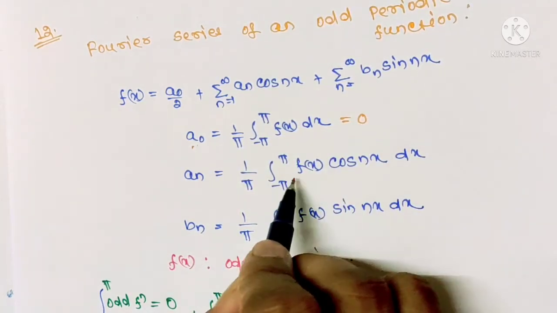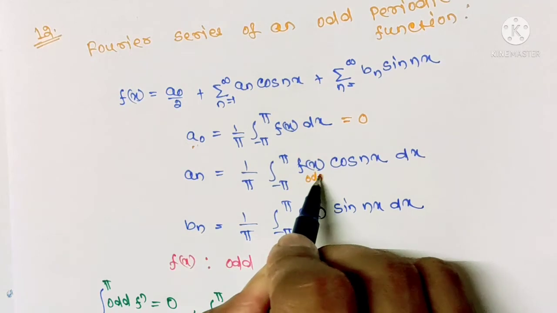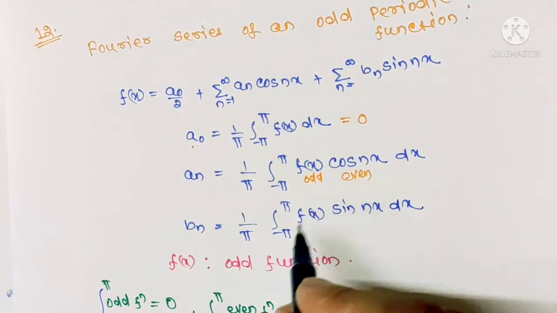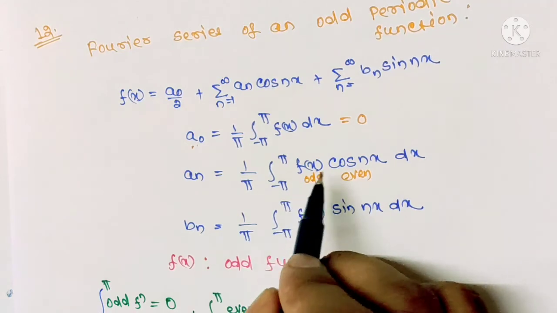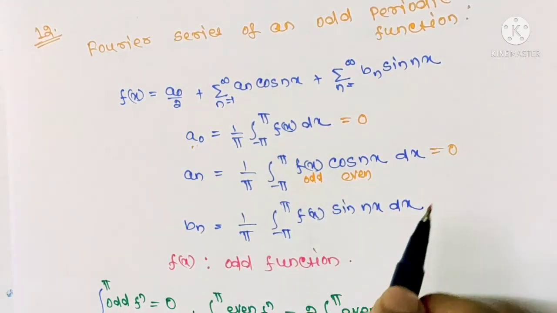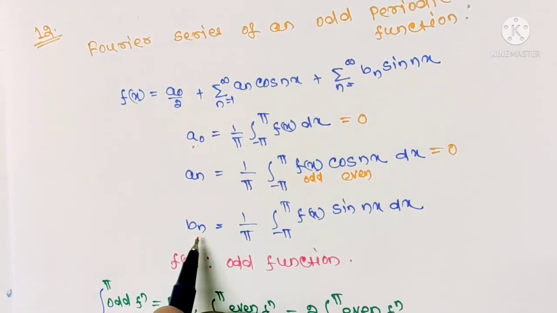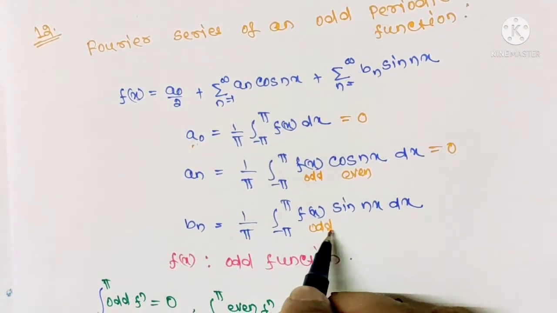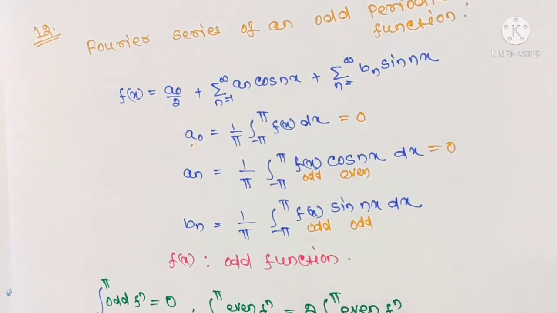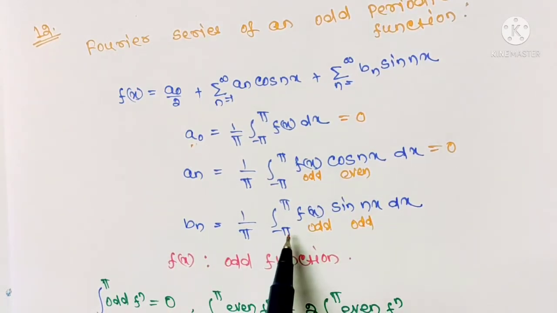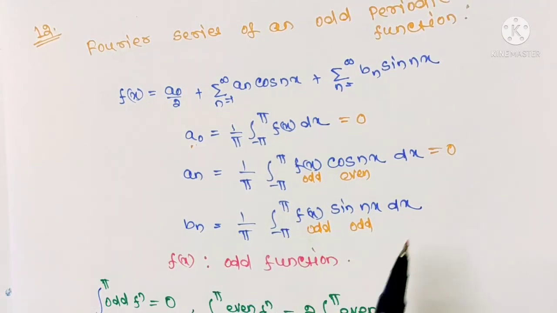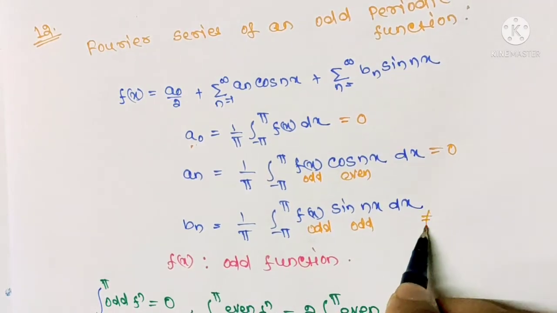Similarly for an, f(x) is odd, cos function is even, even into odd results in an odd function, so the integral of an odd function from minus pi to pi will give us 0. Now when calculating bn, f(x) is odd, sin nx is odd, odd into odd results in an even function, and the integral of that even function from minus pi to pi will be non-zero.